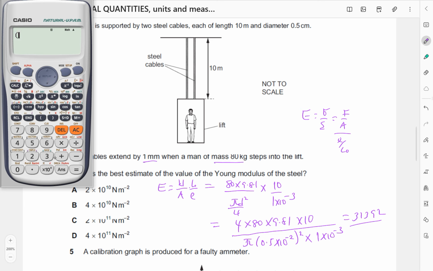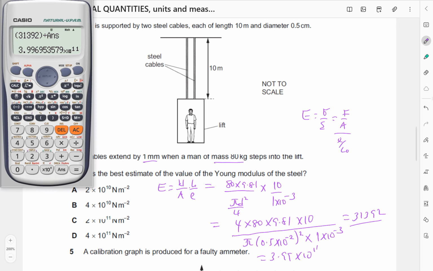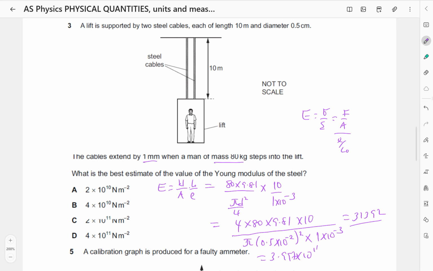Then I get 31392 divided by the answer. I'm getting 3.99 times 10 power 11. That is approximately 4. 3.997, which is approximately 4. So the answer is going to be D.